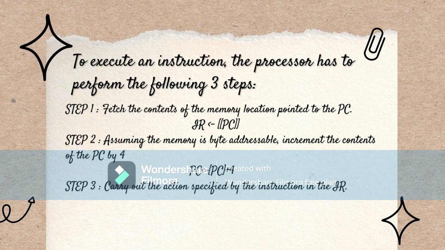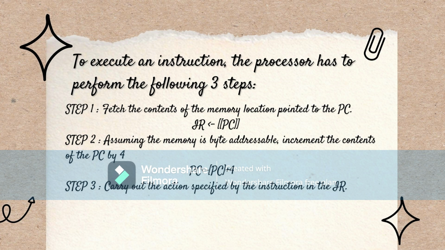Now let us take a look at how to execute an instruction. Step 1 is to fetch the contents of the memory location pointed out by the PC. The contents of this location is interpreted as the instruction to be executed. As we can see, IR is equal to the content of the memory location pointed out by the PC.